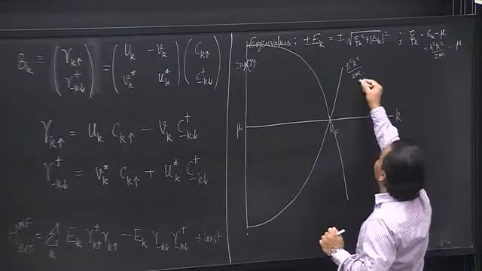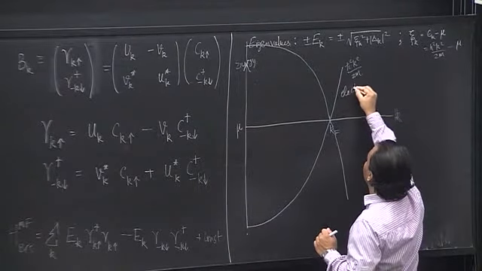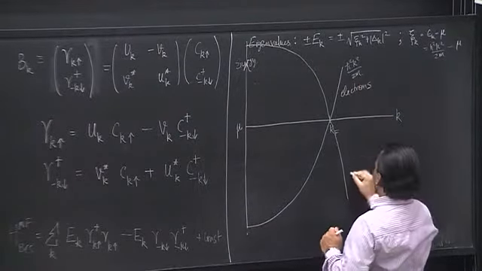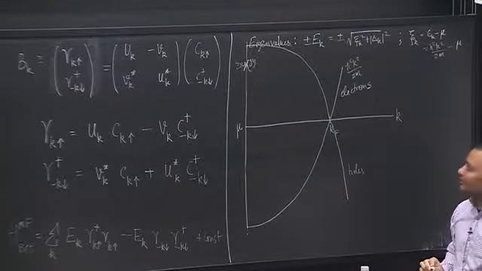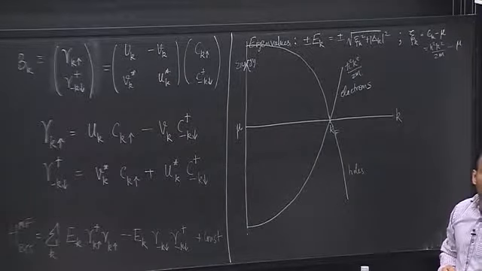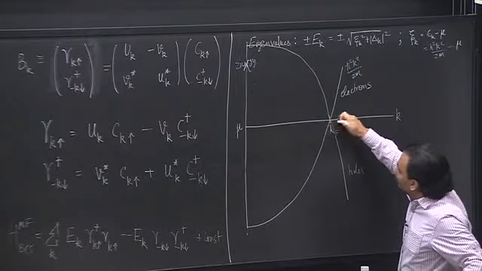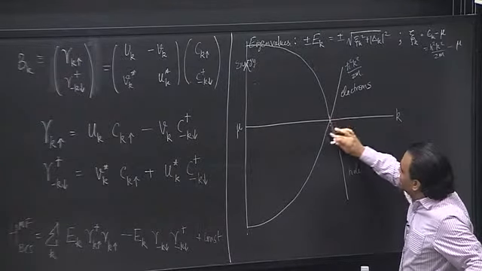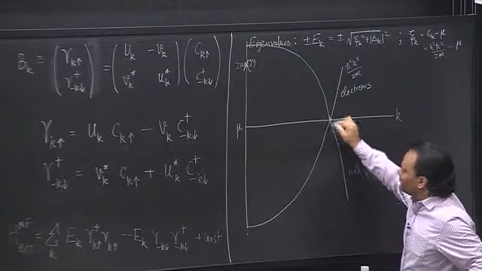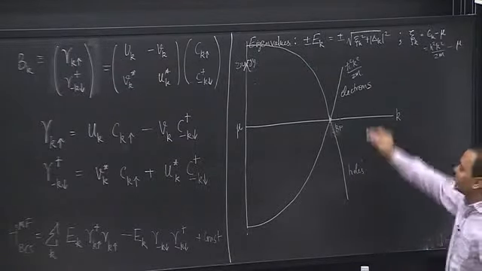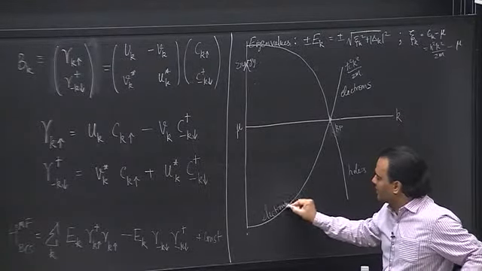And this is electrons, and this branch represents holes. So this is electrons here, and this is holes also here.